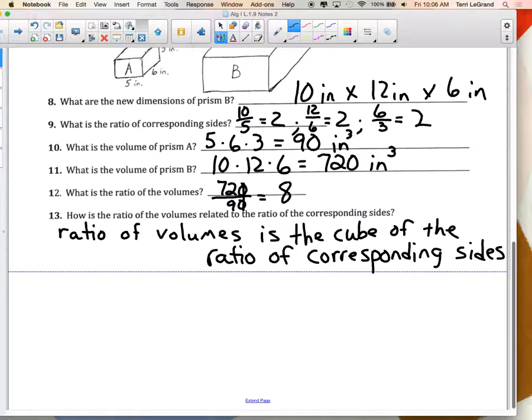Or in other words, one more time, the ratio of corresponding sides is really the scale factor. So we can think of it like this. Take the scale factor and cube it. Whatever the scale factor is, cube it, and that'll tell you what the volume is going to change by, how many times bigger or smaller it is going to get.